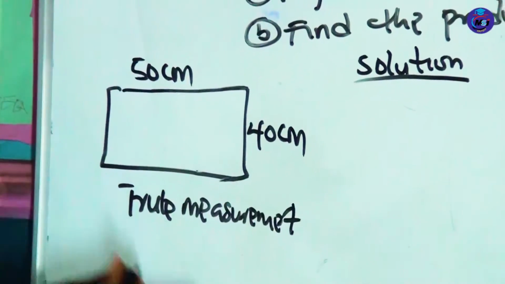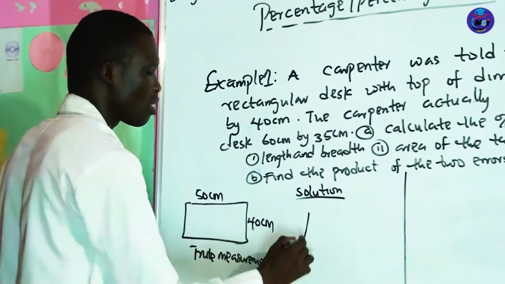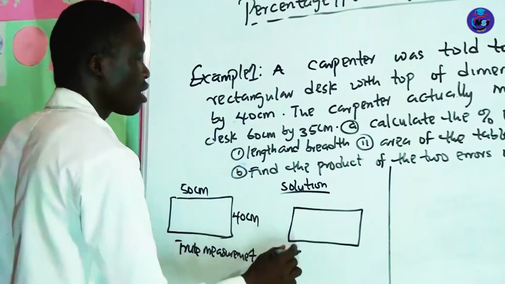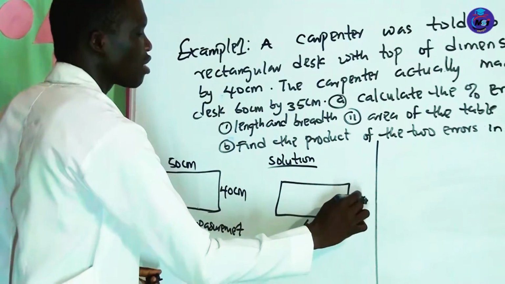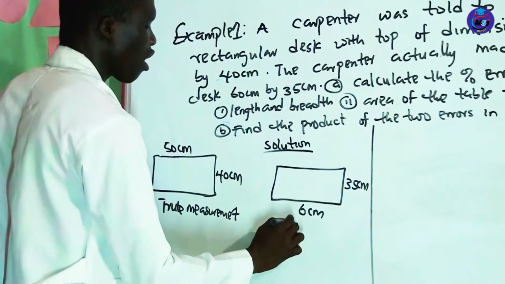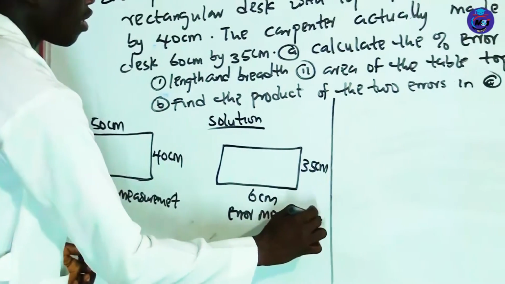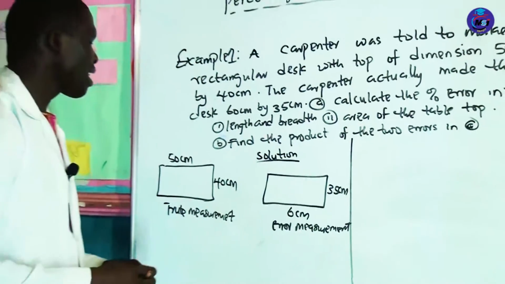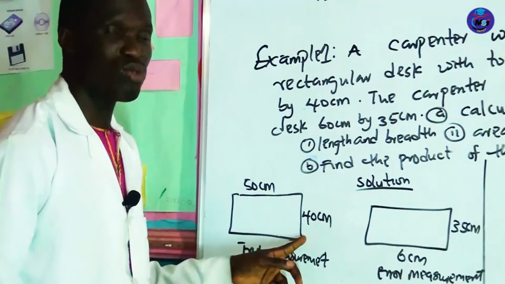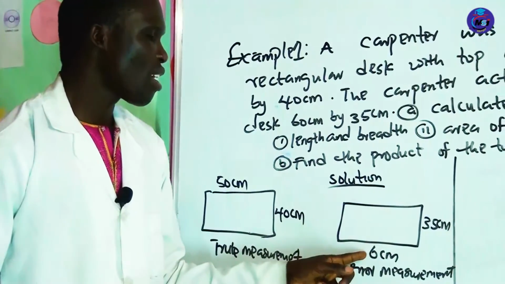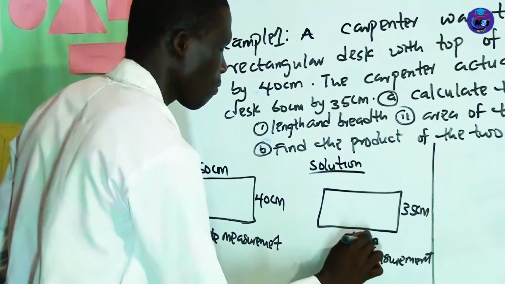This is the measurement given to the man. The man made an error and instead of that, 60 centimeter by 35 centimeter. So this is error measurement. Now, looking at this is length, this is breadth. You remember this rectangle. This is length and this is breadth. This is 60 centimeter, sorry.